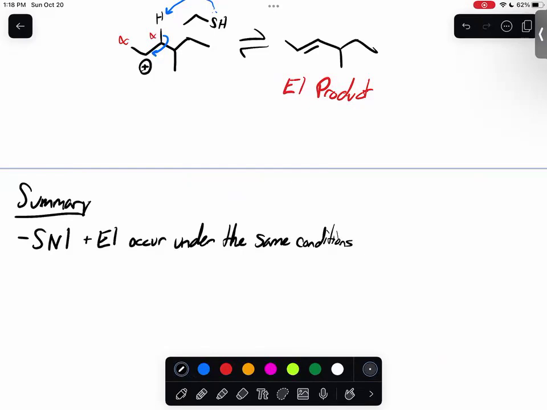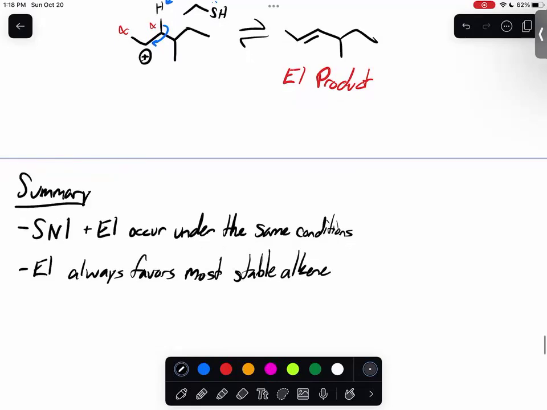That being said, E1 always favors the most stable alkene. All right, so just remember that whenever you're doing these E1 reactions, that the product should be the most stable alkene that you can form from the alpha protons. All right, so remember to identify your alpha protons whenever you're doing these.